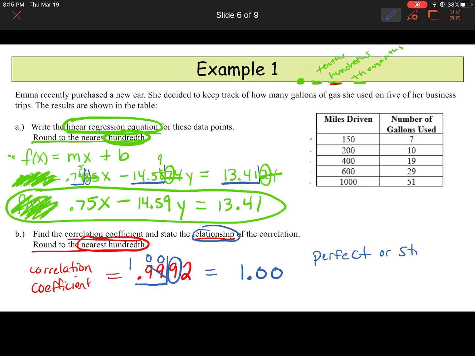I'm going to say we're strong, positive relationship. Okay, that's all you have to do for that. It's all about knowing how to use the calculator.